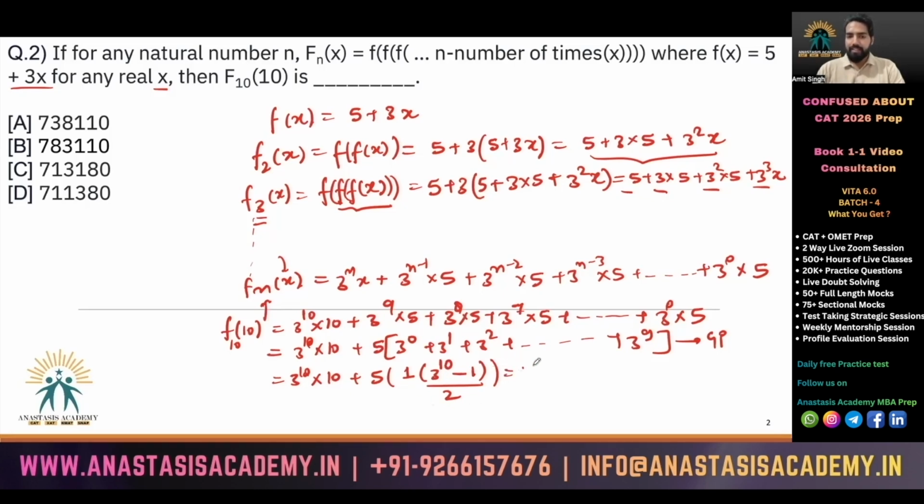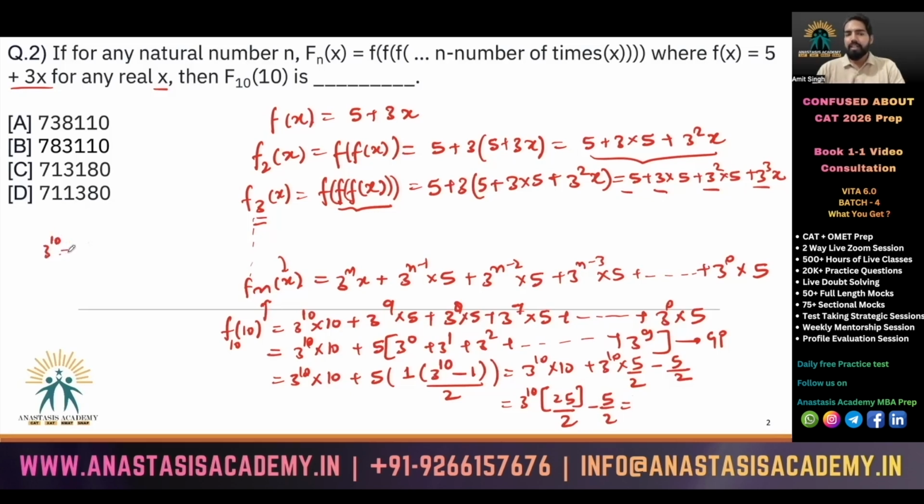I can write it as 3 raised to the power 10 into 10 plus 3 raised to the power 10 into 5 by 2 minus 5 by 2. Correct? Now I can take 3 raised to the power 10 common, and I can write it as 25 by 2 minus 5 by 2.